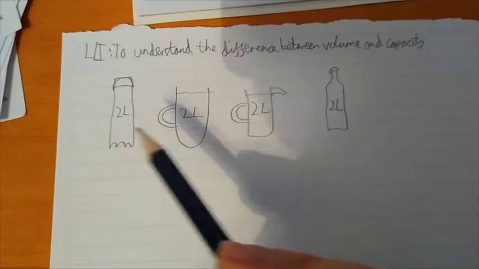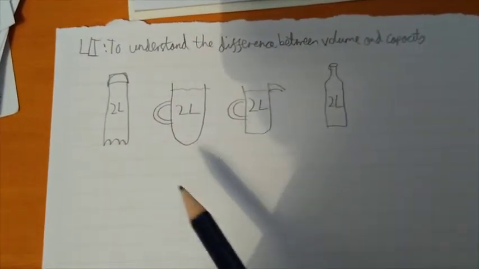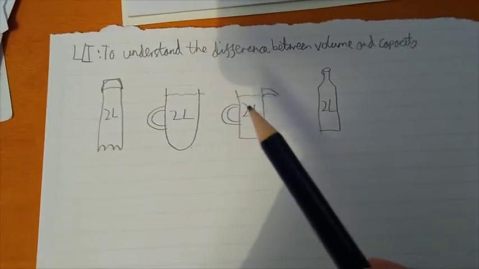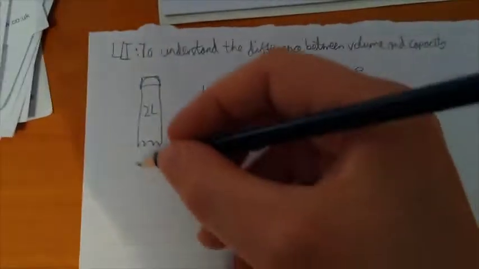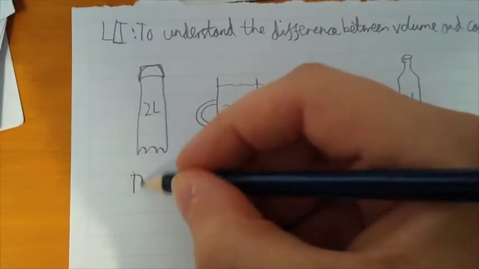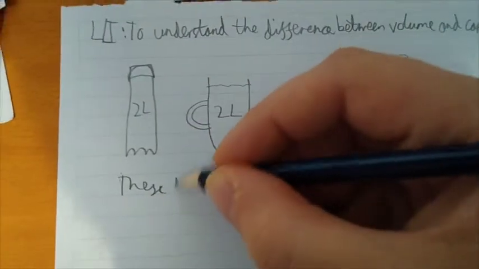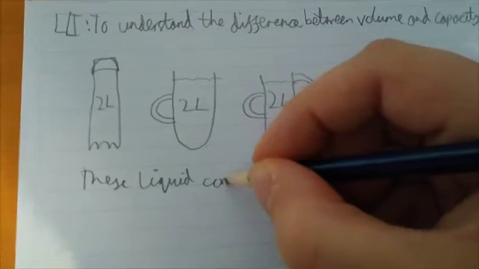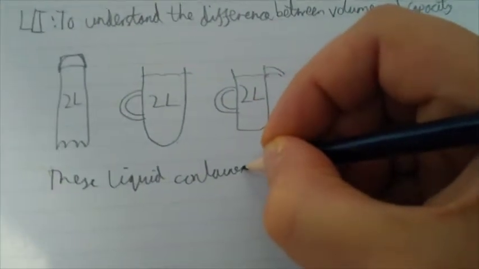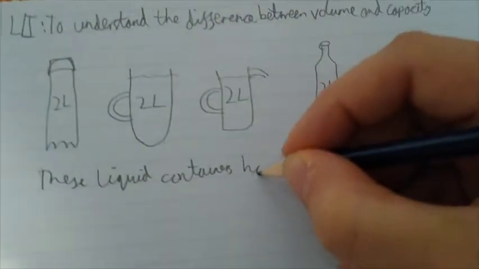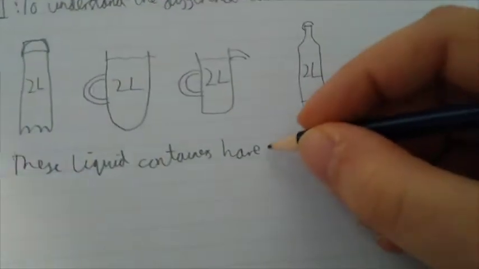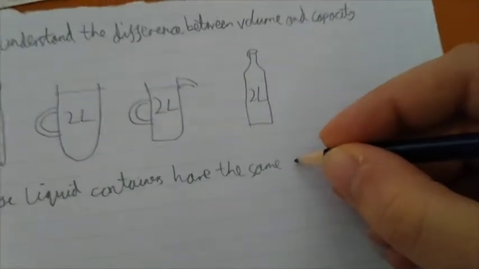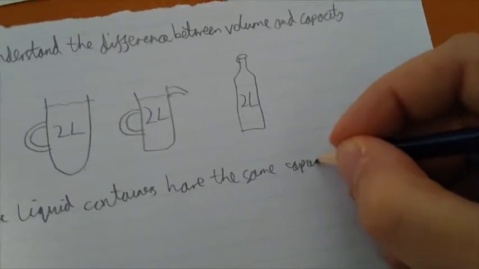So what these 4 liquid containers have in common is that they all have the capacity for 2 litres. So these liquid containers have the same capacity.